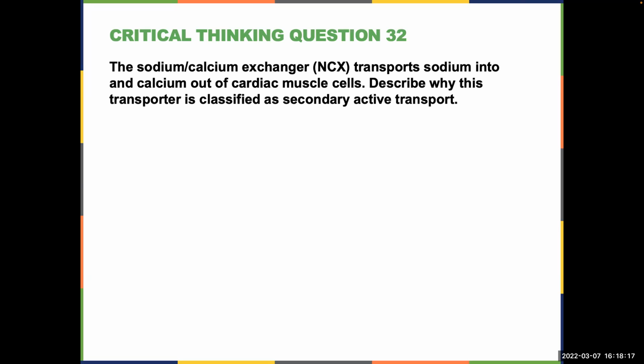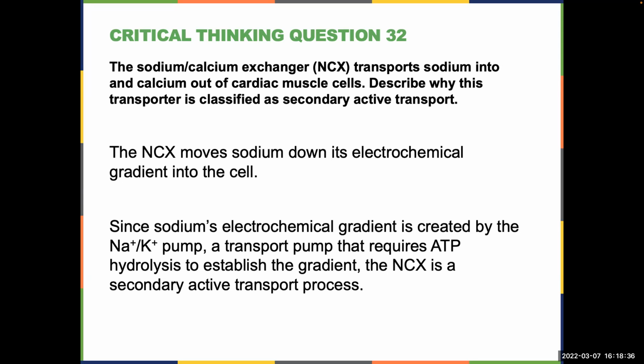Okay, almost done. The sodium-calcium exchanger transports sodium into and calcium out of cardiac muscles. Describe why this transporter is classified as a secondary active transport. Okay, so the sodium-calcium exchanger moves sodium down its electrochemical gradient.